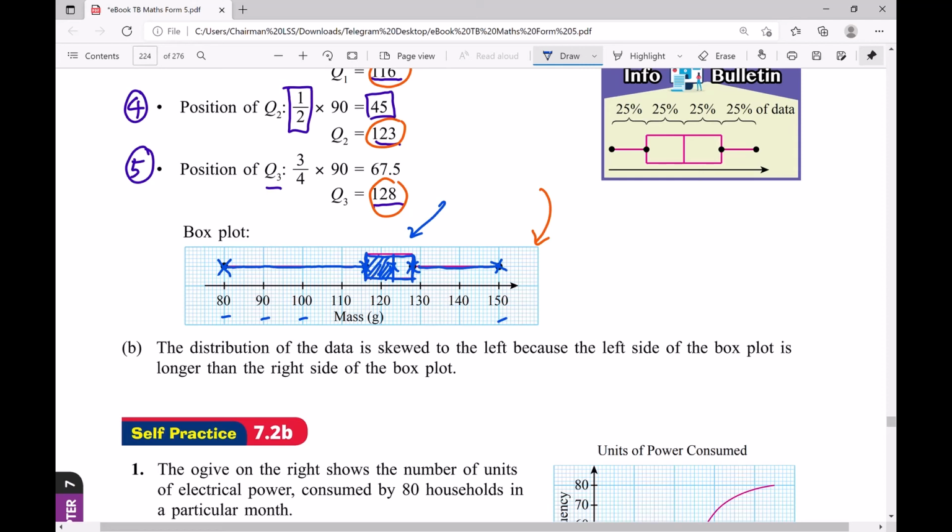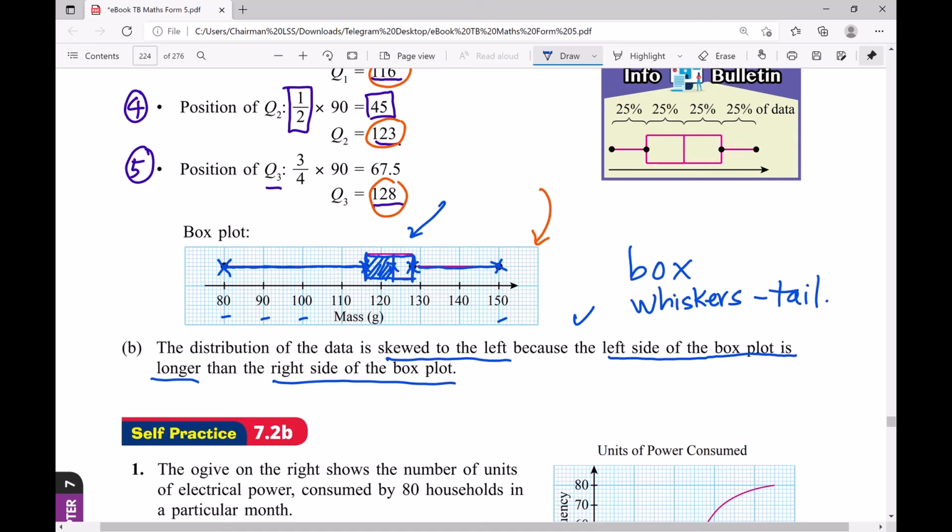So you can say that the data is skewed to the left because the left side of the box plot is longer than the right side of the box plot. And also you can see the tail is also longer. But first you must check the box. When you can see the difference, left or right is bigger, then you can answer. But if it is the same length, then you look at the whiskers, or the tail.